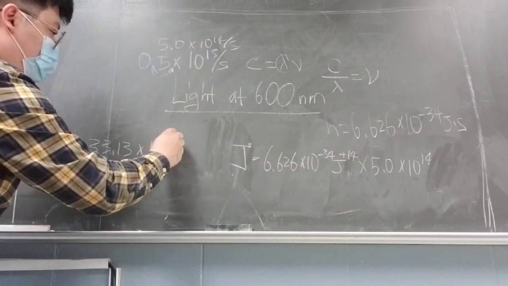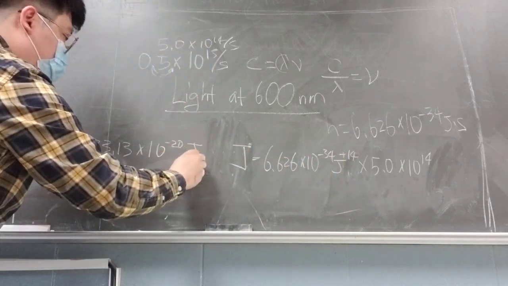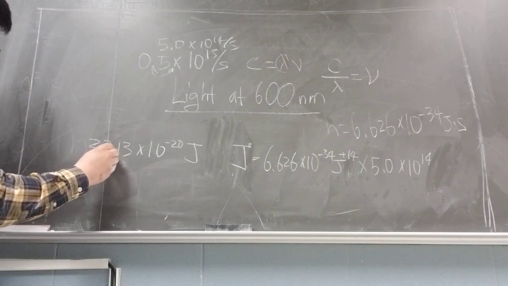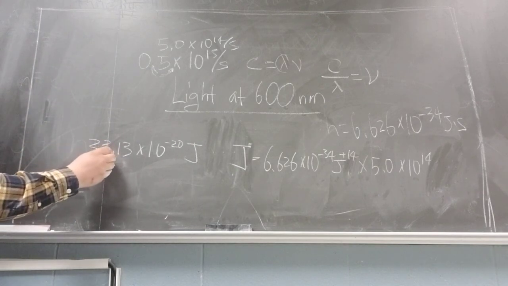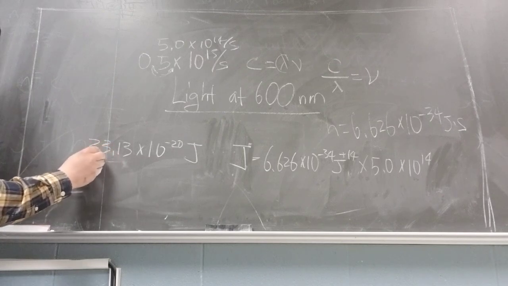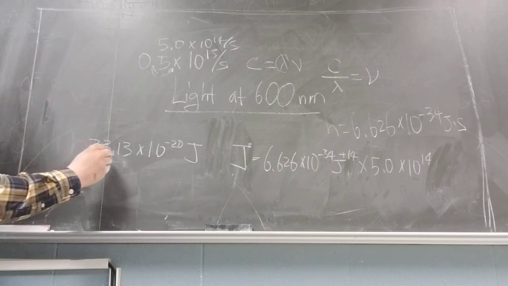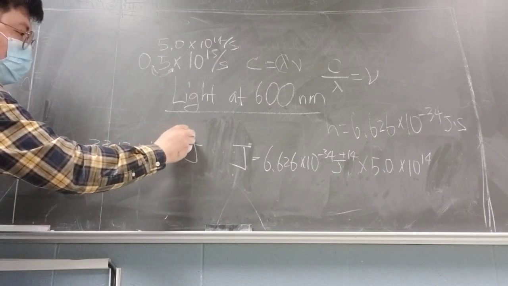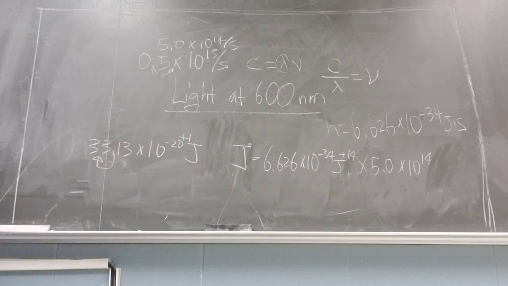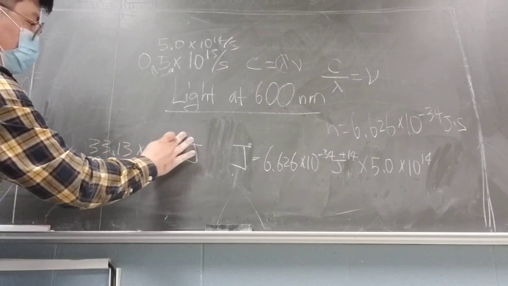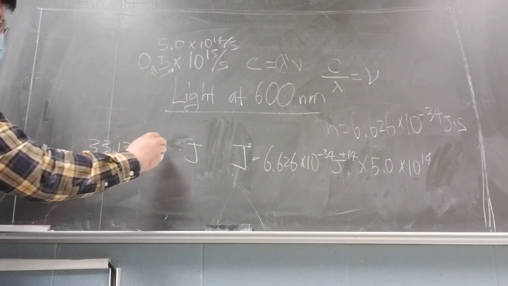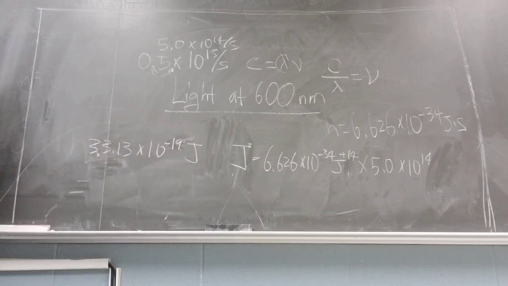So that will be 10 to negative 20 joule. Okay. And then you just need to do scientific notation, because you want to put the decimal point right after the first non-zero number. So I'm going to move it to the left. That means you have to do plus 1, not minus. So this will be 3.313 times 10 to negative 19 joule.